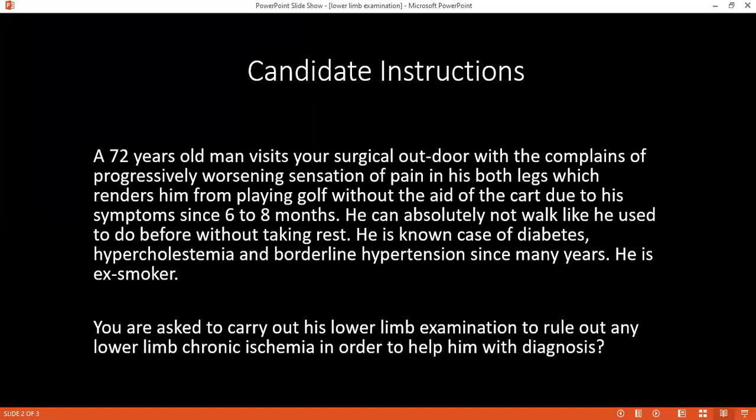How would you determine what management the patient needs? Yes, it depends on the ankle brachial pressure index and the severity of the condition. If you are asked to manage the patient conservatively, what does that mean?